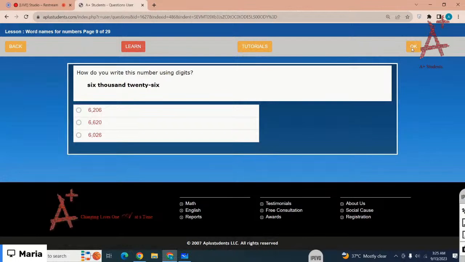How do you write this number using digits? Which is the correct option? Yes, the second one, 6,026. The last one is the correct option, right? That is 6,026, right?